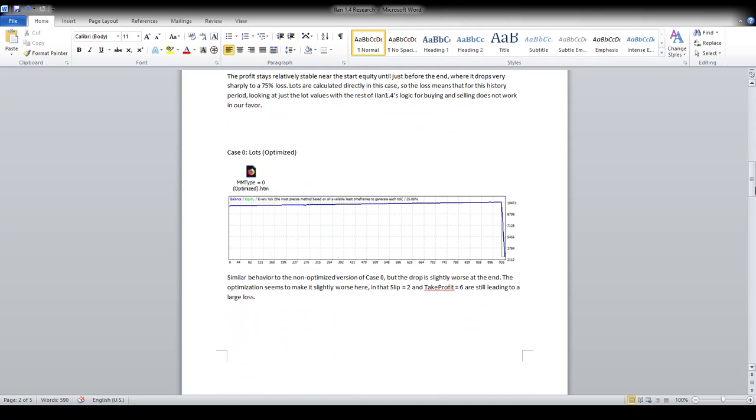Now in case 0, where lots is optimized, it goes to a slightly higher profit before it crashes down when it's forced to close. And even then it goes lower, so you lose a bit more than 76% total. For here we're using the optimized values of slip equals 2 and take profit equals 6.